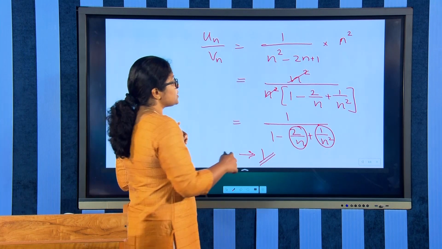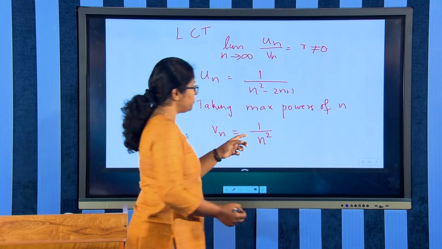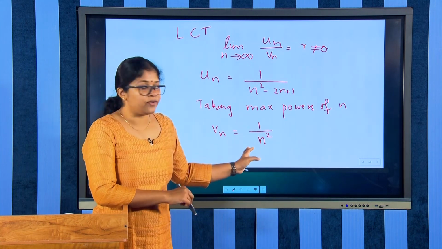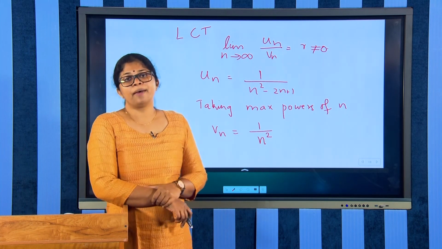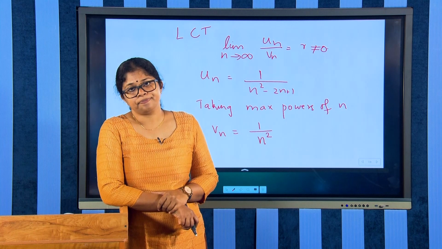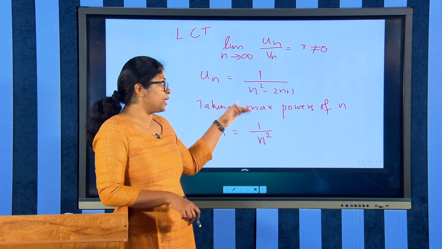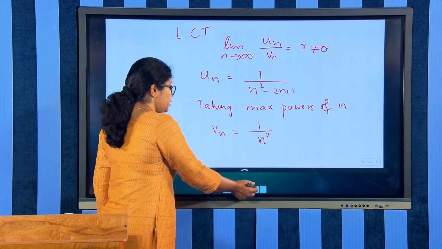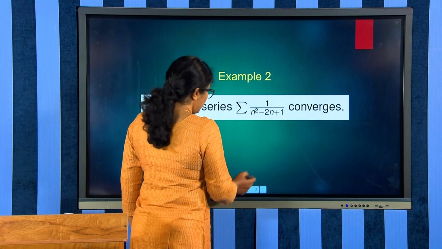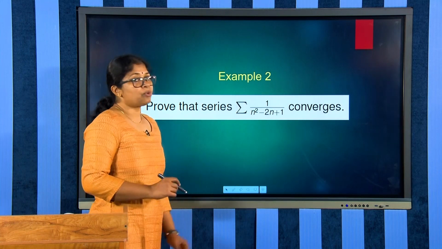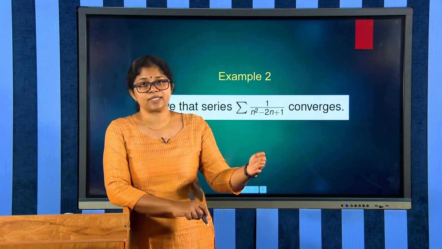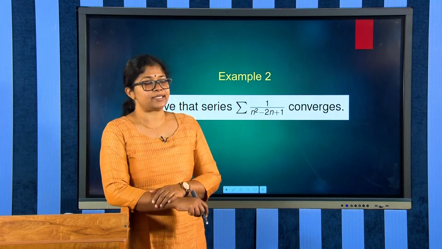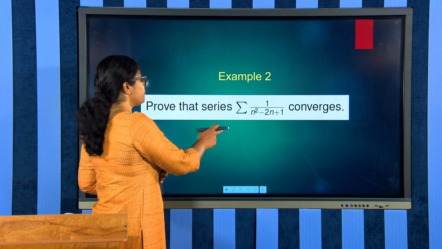Summation Vn is a summation 1 upon n square, which we know is convergent, and hence the given series also converges by limit comparison test. So, that is how we prove the second problem. So, looking at the problem, you have to identify whether you have to apply direct comparison test or limit comparison test. That is very important.